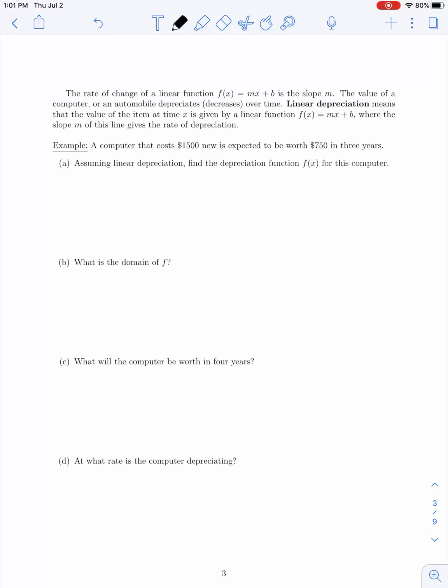Now in our next example, we'll consider the rate of change of a linear function, which is something of the form mx plus b, where the slope is m. So for a linear function, the slope is measuring the rate at which that function changes. So when we consider problems in linear depreciation, or depreciation of assets, we could consider modeling, say, the value of a computer or some other piece of technology or an automobile, which typically decreases in value over time.